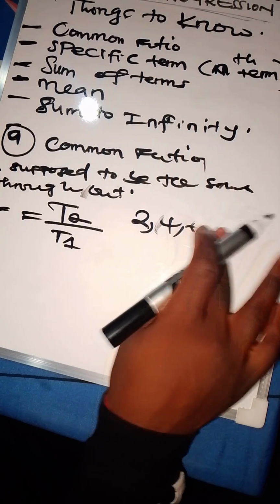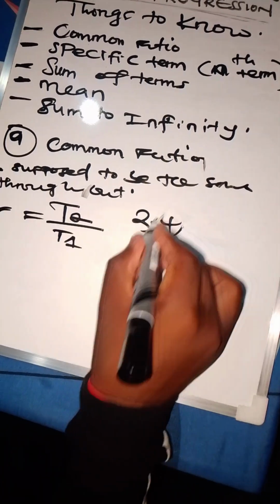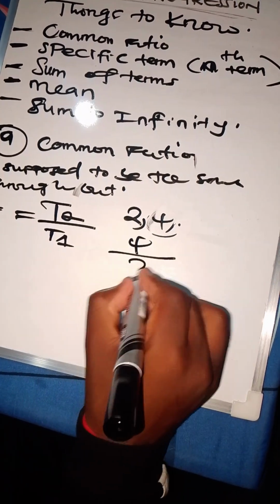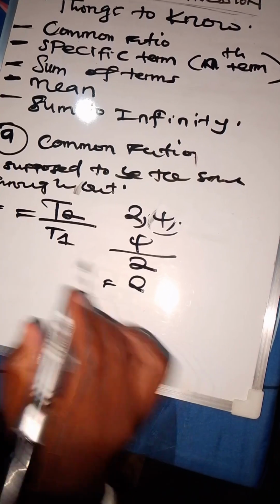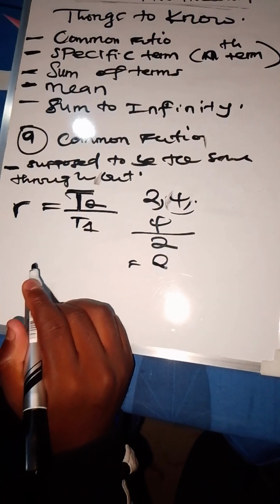This is just an example. The second term is 4 here, the first term is 2. So you're going to divide 4 by 2, meaning your common ratio is going to be 2. So this is the formula when you are trying to find the common ratio.